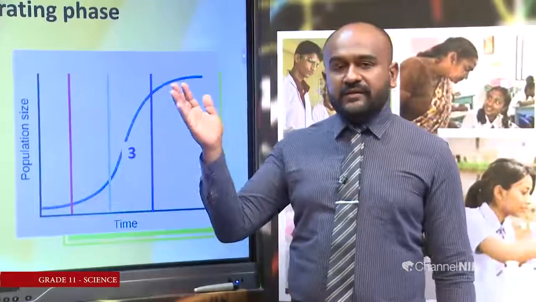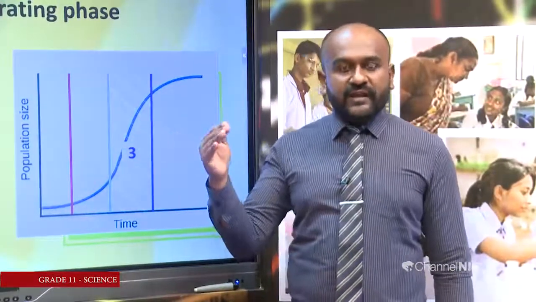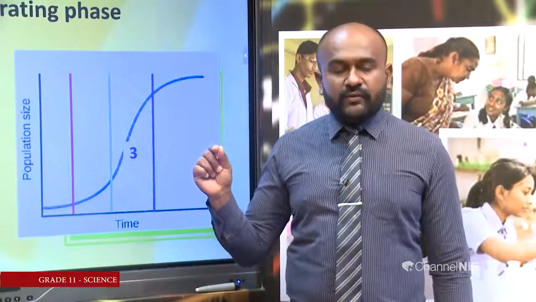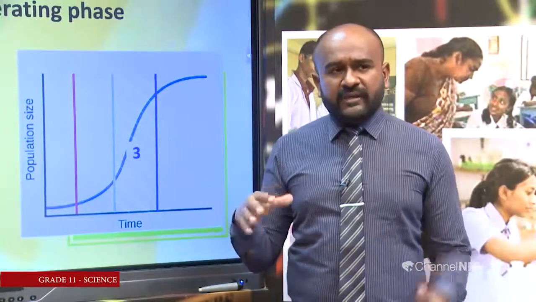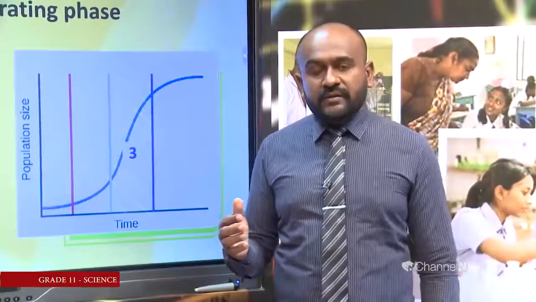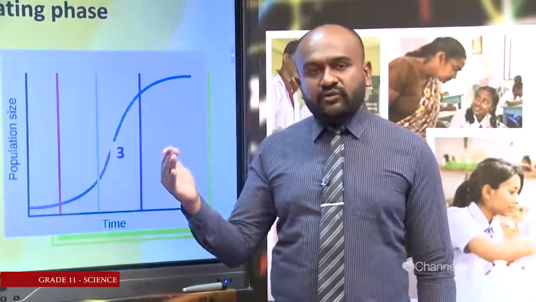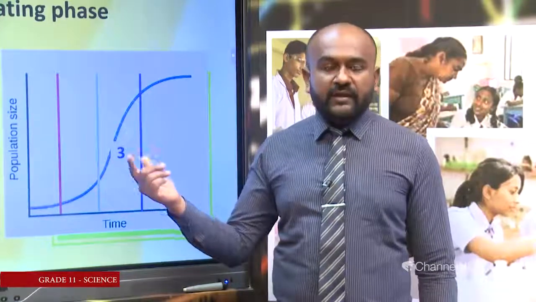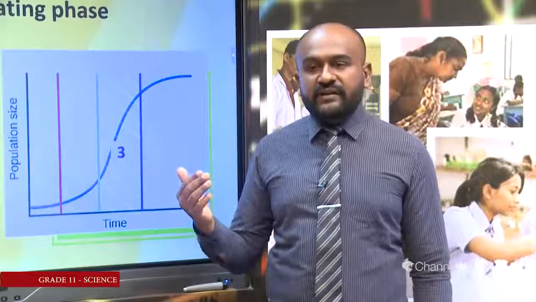Yeah, in the exponential phase, we saw that birth rate exceeds the death rate. So, what can you think about that when it comes to decelerating phase? Will they be equal or different or what? Yeah, now obviously death rate should exceed the birth rate. So, that is why the number of organisms decreases when it comes to decelerating phase.